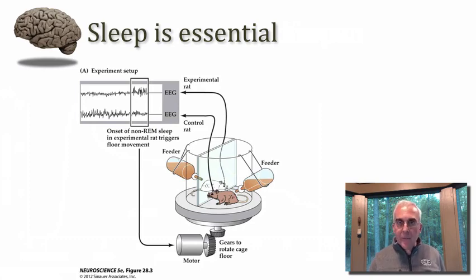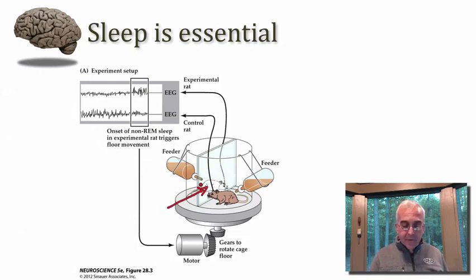We'll talk a lot more about that as we get further into this. And these mice are held within a chamber that's sitting on top of a turntable. Now, this turntable is triggered by high amplitude brain waves that are recorded from the experimental animal. And the experimental animal is this guy back here, this white mouse.